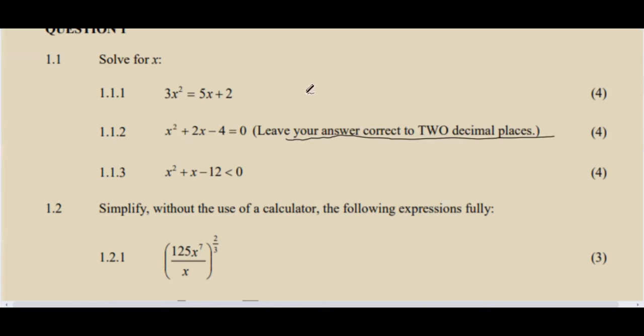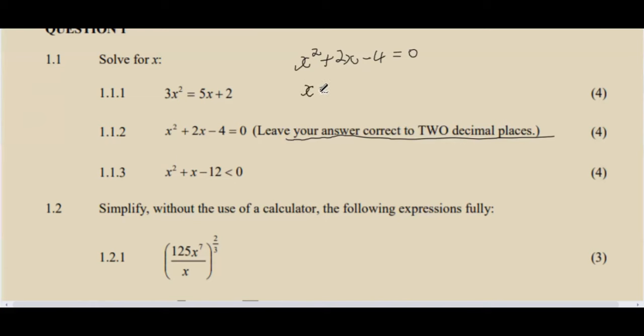So this one, I'm just restricted to using that quadratic formula, right? So for this one, there's no shame in me having to write that quadratic formula, because once they say leave your answer correct to 2 decimal places, then it simply means that you have to use the quadratic formula.